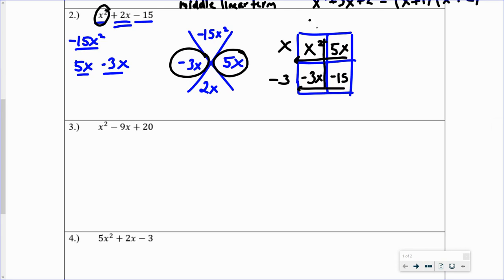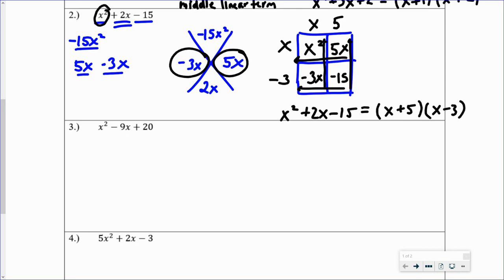This column looks like that's x, and then this last column, 5x and negative 15 are both divisible by positive 5. So x squared plus 2x minus 15 is equal to, it looks like, x plus 5 times x minus 3.